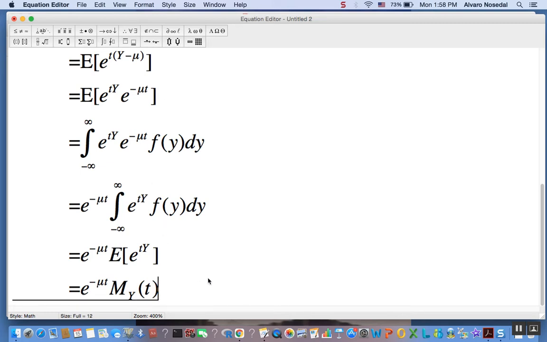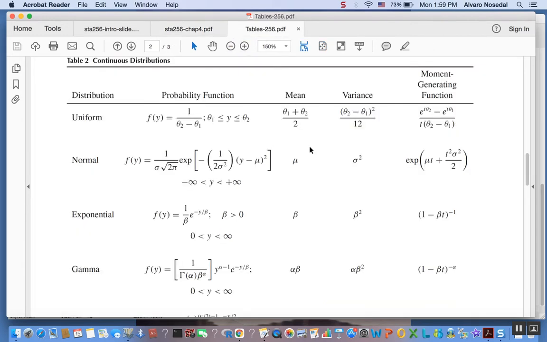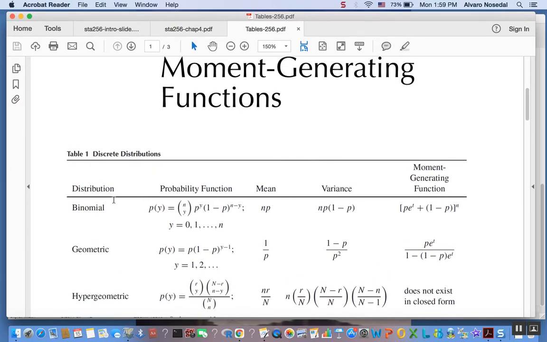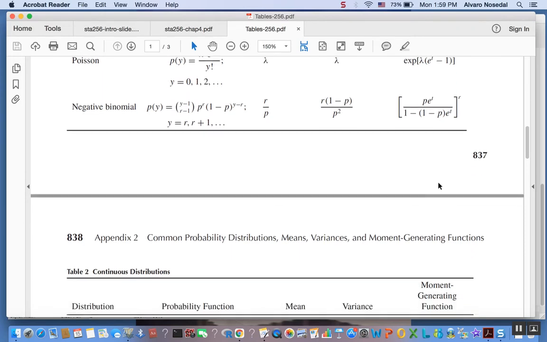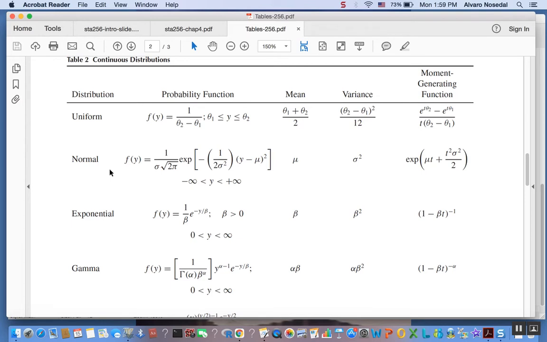Okay, so we're almost there. In another video, I showed you that your textbook, I think again it's page 837, has two beautiful tables with probability mass functions when we're referring to discrete distributions, along with means, variances, and MGFs of famous probability distributions. And on the next page we have something very similar for famous continuous distributions.